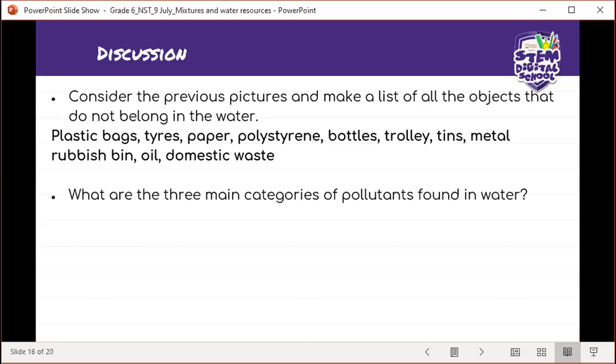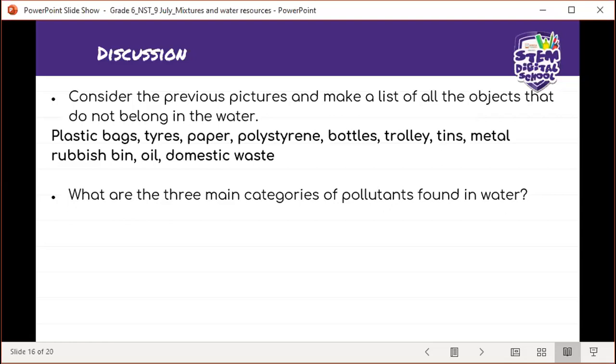Okay. Second question: what are the three main categories of pollutants which are found in water? You guys remember, you can raise your hand.